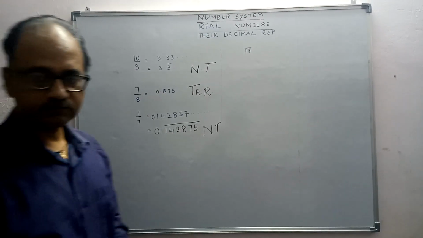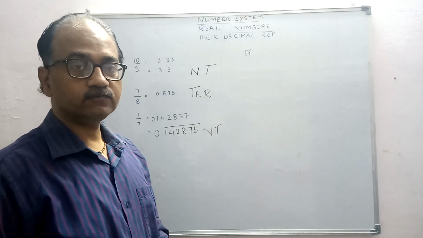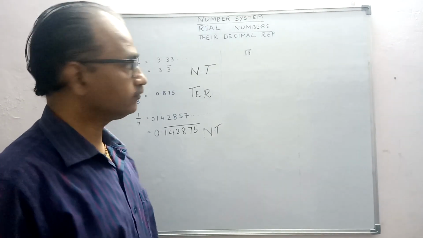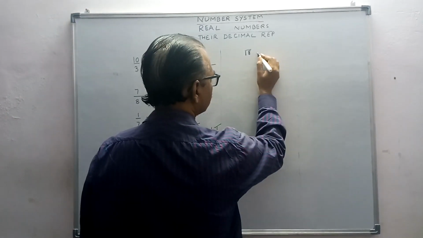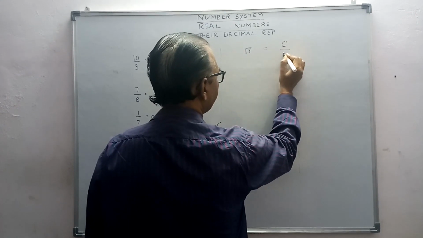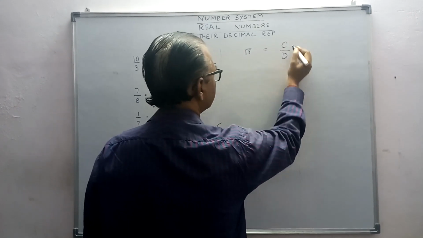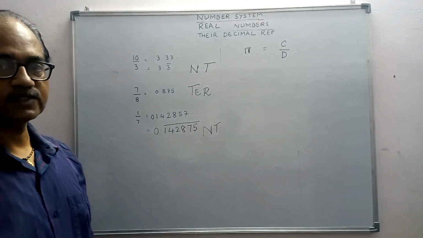Now actually, whenever we calculate pi, we use this formula: pi is equal to circumference of circle upon diameter. C stands for circumference of circle and D stands for diameter.